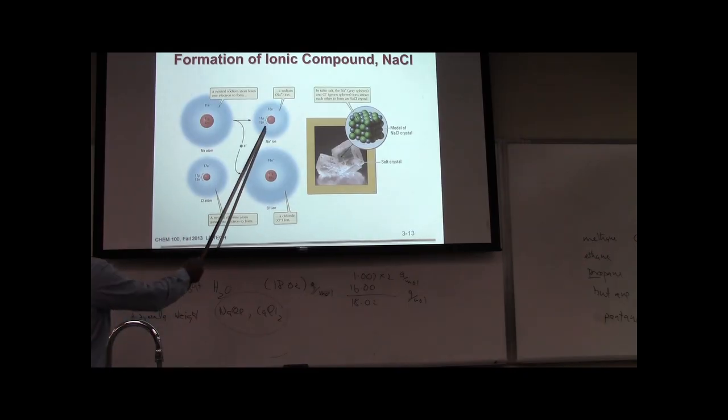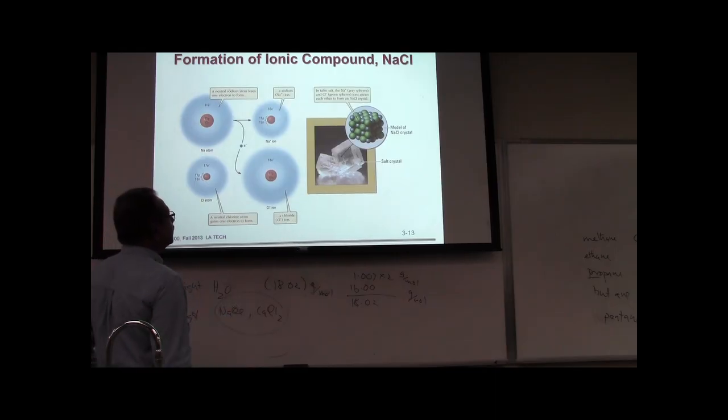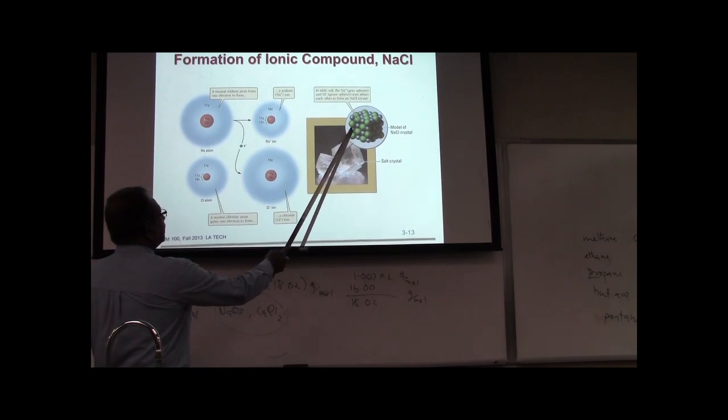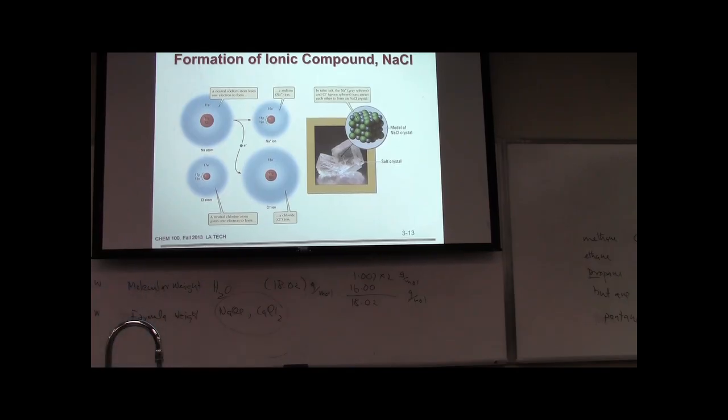Now this is the chloride ion. Which one is chloride and which one is sodium now? So this is the snapshot here. This blue one is what now? Sodium. It's a smaller ion. Chloride is the green ion. All right. So that's how the ionic compound is formed.